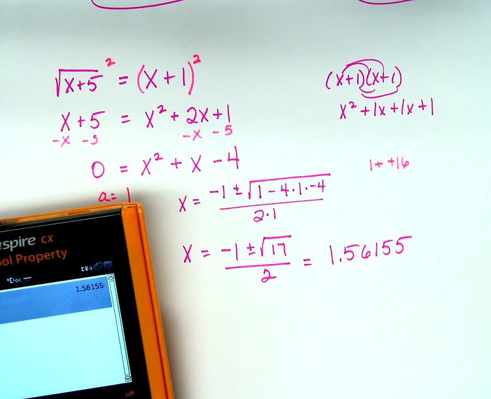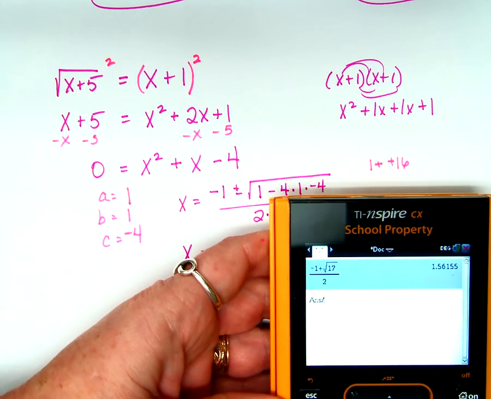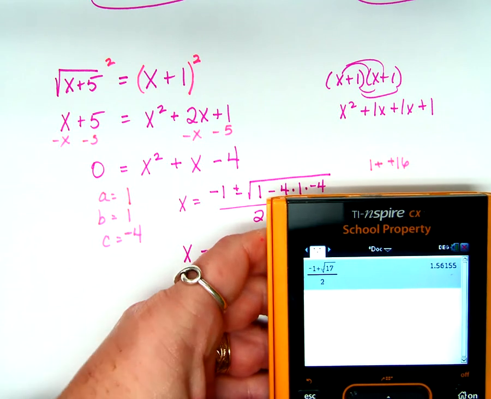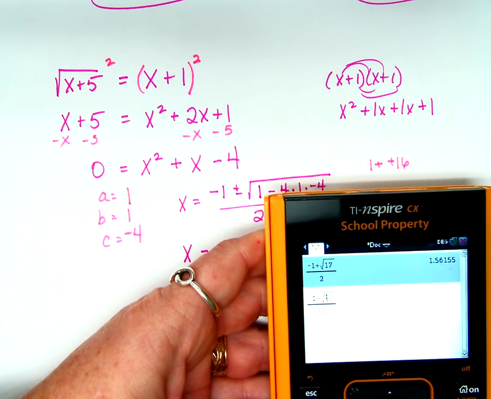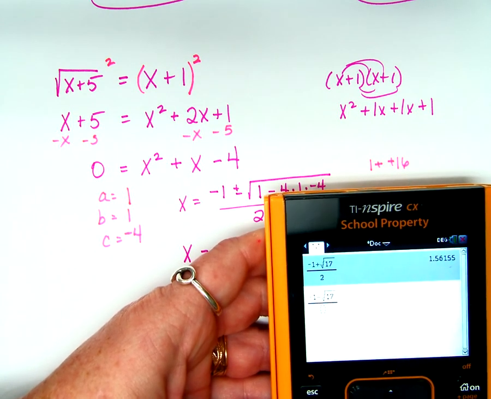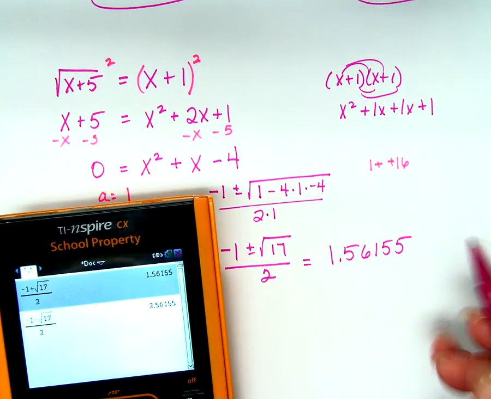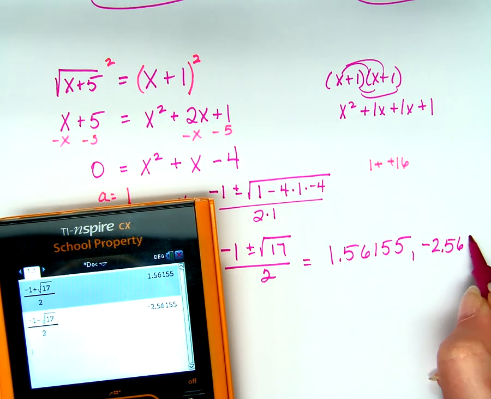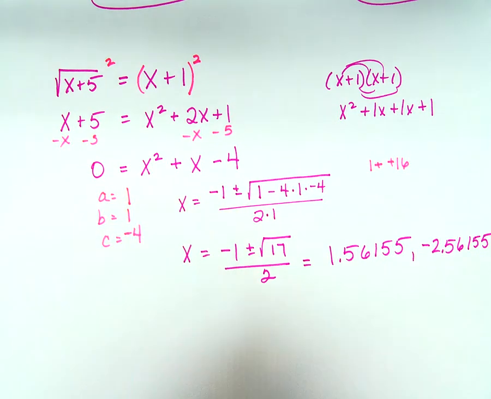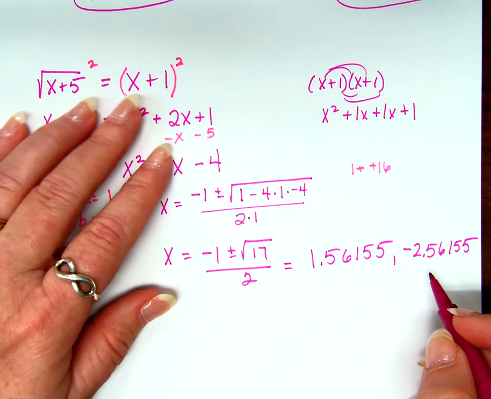Yes? Okay. Then I also need to do -1 minus the square root of 17 over 2. So -2.56155.